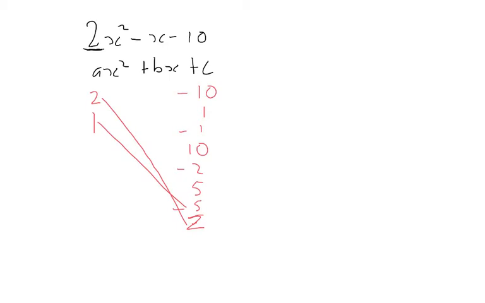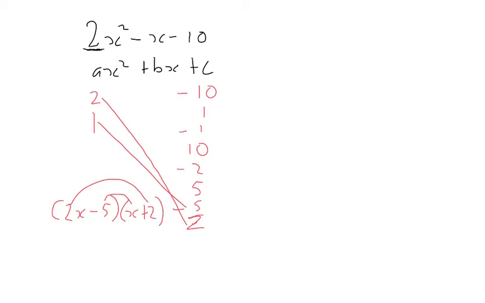So what we're going to get is an answer of 2x minus 5, x plus 2. Because the x gets times by the minus 5 here, and the 2x gets times by the 2. And if we expand that, we get an answer.